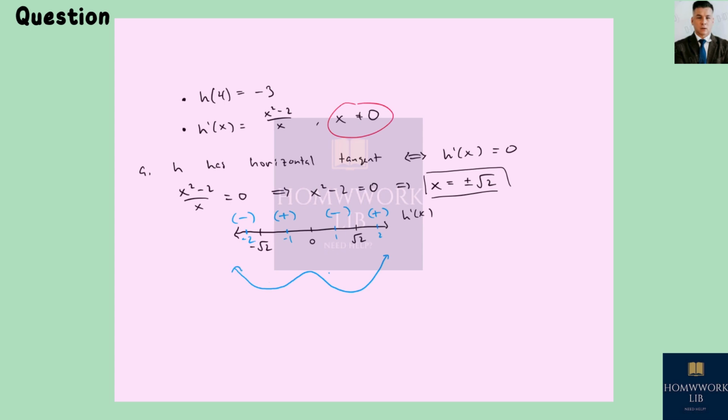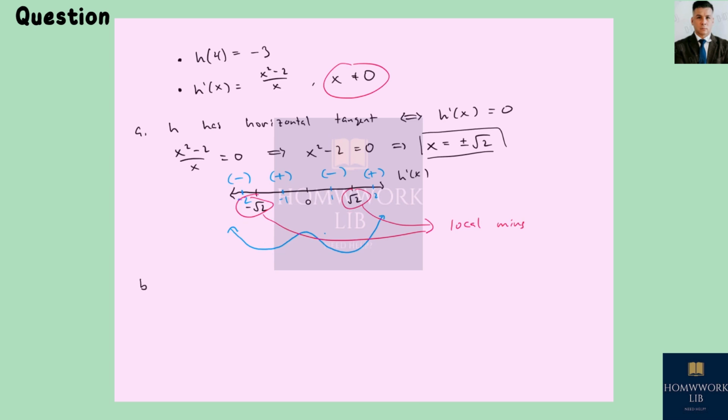So h will have a shape like this, which means that both of our points are local mins. Okay. So that's it for A.